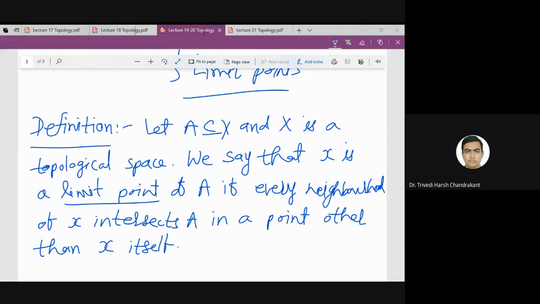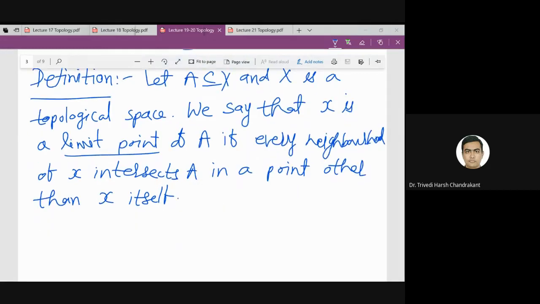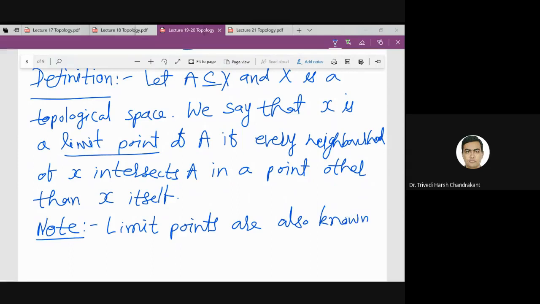So x itself means other than the point x. Note that limit points are also known as cluster points and accumulation points.